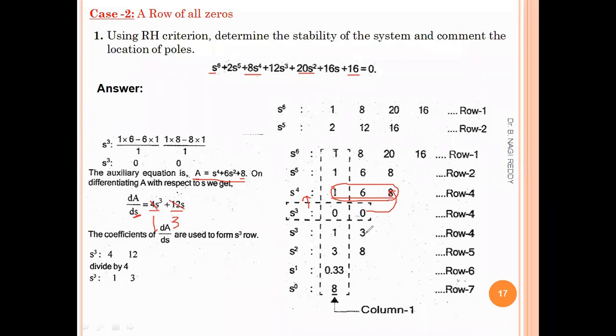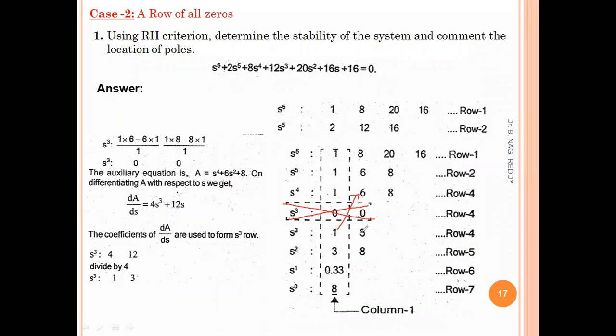Now with the help of 1 and 3, you should forget this row, because in the place of zeros we have replaced zeros with 1 and 3, right? So next we need to calculate the s square row. In order to calculate the s square row, again 1 into 6, because you should forget about these zeros, since the row is replaced by the new row, right?